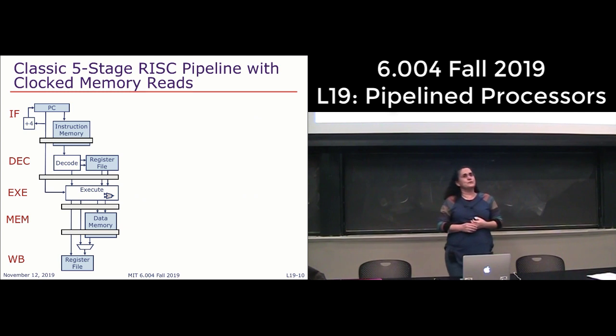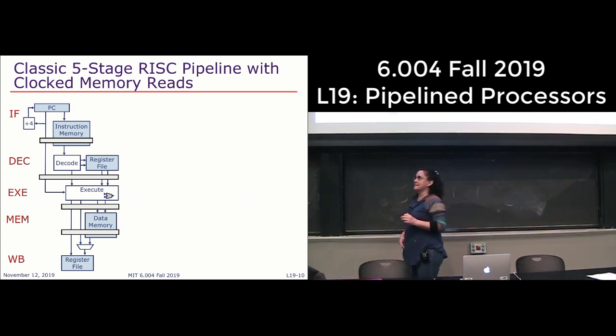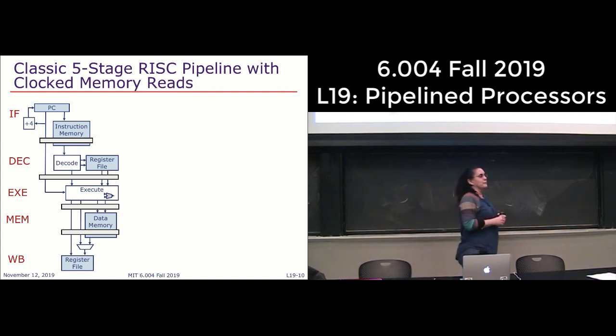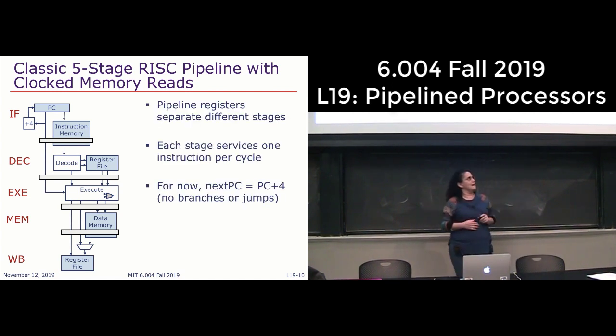So before we do that, though, I want to change the model of our diagram just slightly to make it a little bit more realistic and more like what you're actually going to build in your design project. And so in the first slide I showed you, I said we were using magic memories. And here we're actually going to use clocked memories. So let's just first understand what's changed and what's the same.